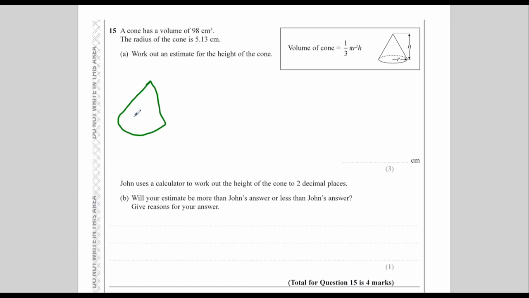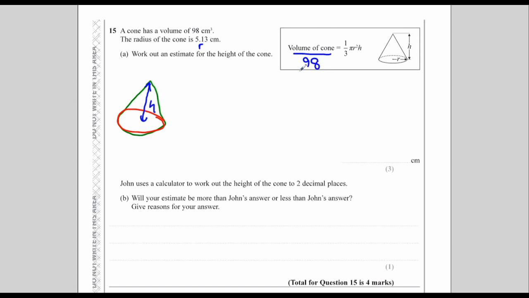So the height of a cone, this isn't the best drawn cone I know, is from the base up to the top. Okay, and that's our height. We don't know what that is. We do know the radius, which we use as r. We do know the volume, which is 98.